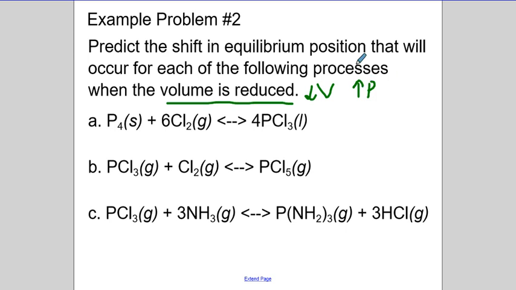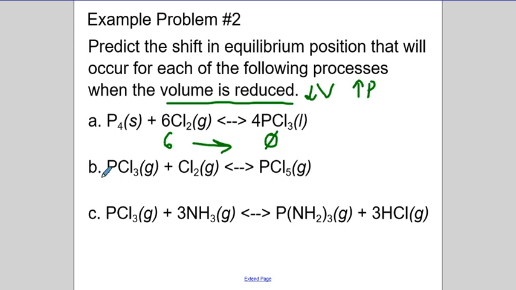So if pressure goes up, we want to move to the side with the lower number of moles of gas. So here we have 6 moles of gas here and 0 moles of gas over here because this thing's a liquid. There's no gas on this side. So if the pressure goes up, it wants to shift to the side with the least amount of gas. So it's shifting that direction.